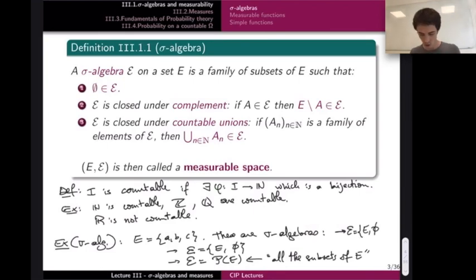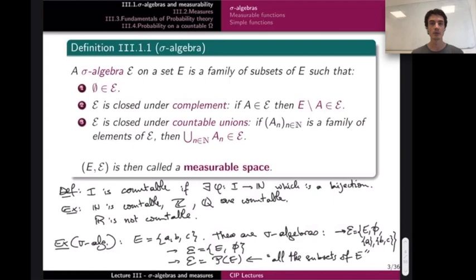Notice that in my sigma-algebra, I always need to have E and the empty set. The empty set by assumption, but if I take the complement of the empty set, E minus the empty set, it's E itself, so E has to be in the sigma-algebra. And perhaps I should add, for instance, the singleton A, and B C. So you see that the first one is somehow a trivial sigma-algebra.